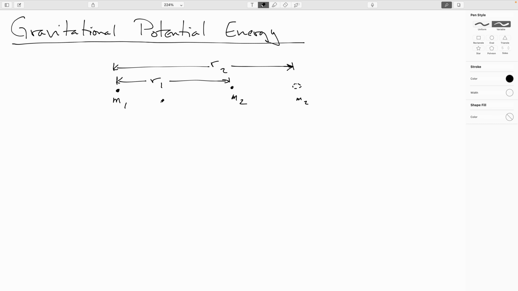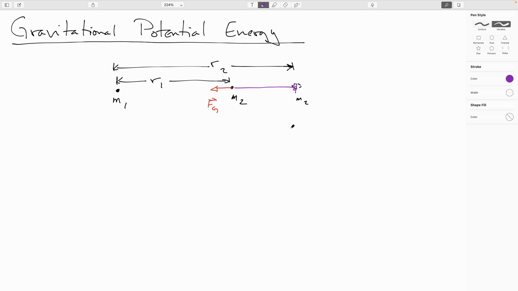That will be fine. Well, if we think about this for a second here, we know that the force of gravity is attractive, so it will point that way. But we are displacing our mass this way.